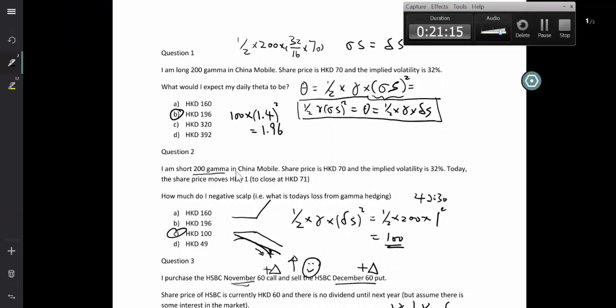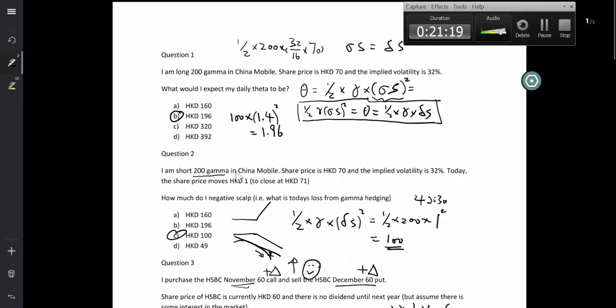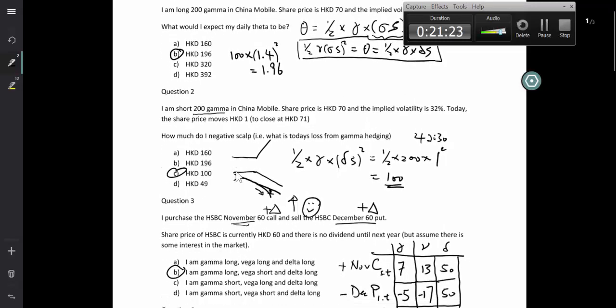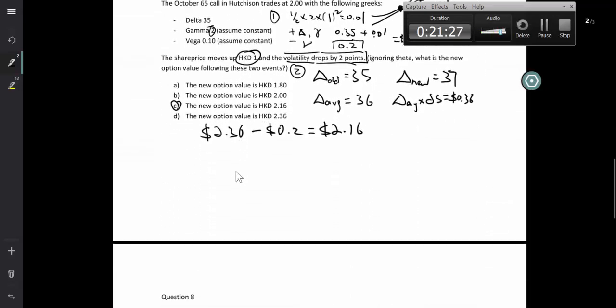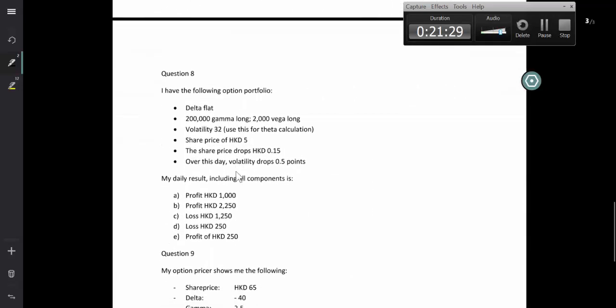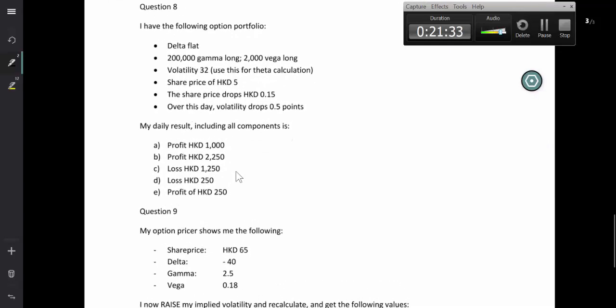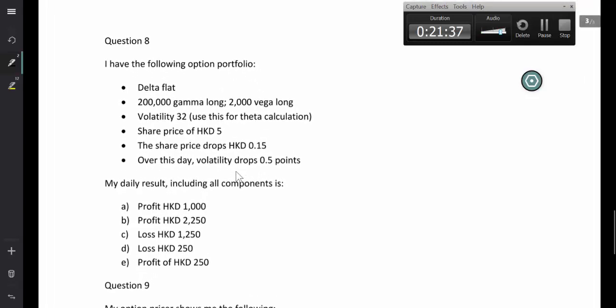There is a clean version, and there is a version that I have annotated. I don't think you need the version with the answers because I already circled them here. But we didn't do questions 8 and 9. Does anyone want to have a go at that? Anybody?